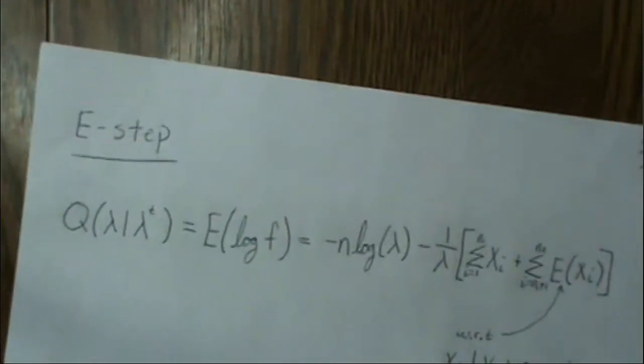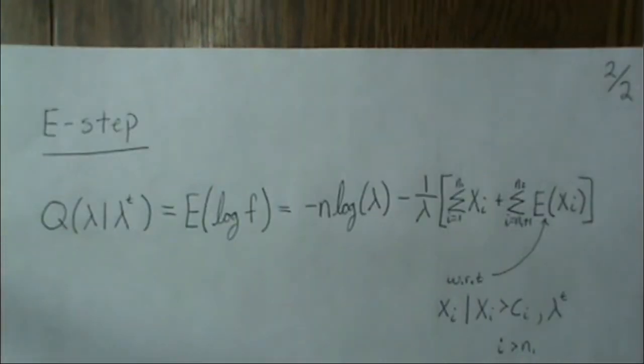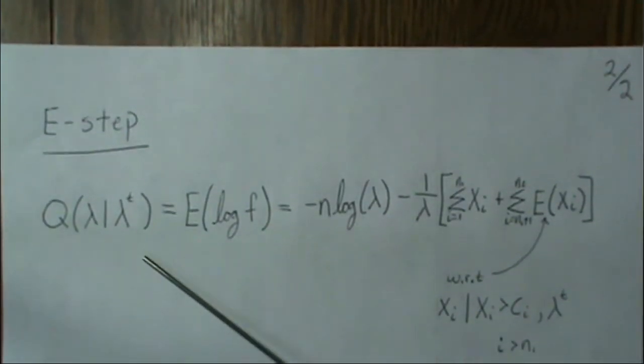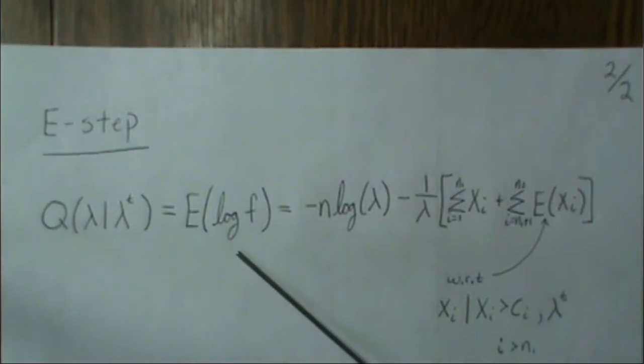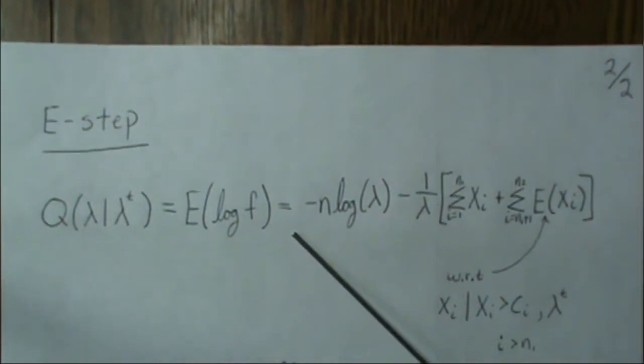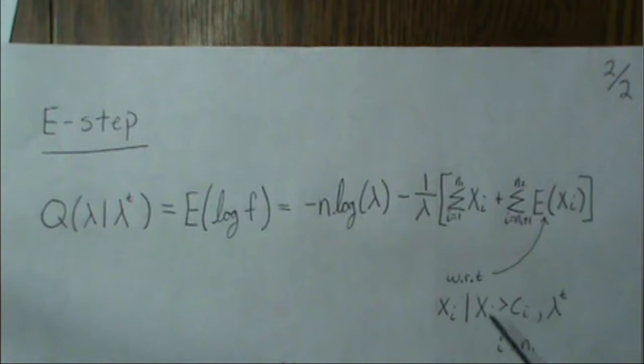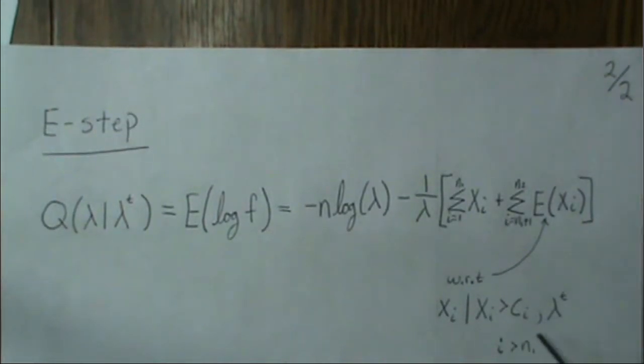So now let's look at the EM algorithm. Here in the E step, we need to find this Q function, which is the expected log likelihood, and the expectation is with regard to our missing data given our observed data, our knowledge that the missing data is at least greater than the censoring time, and our initial estimate of our parameter.